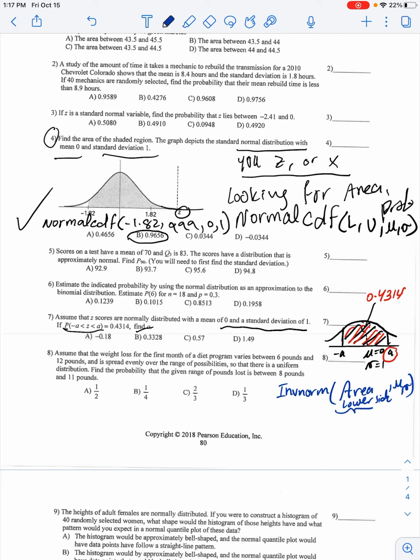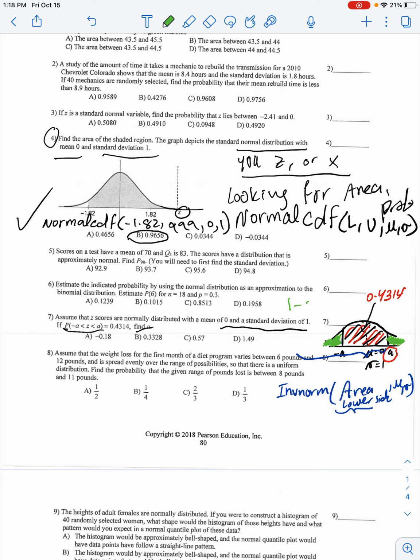So area of the lower side means the area of the entire lower part. I don't have that. What I have here is the middle one. I know the entire thing, if you imagine the green one and the red one together, is 1.